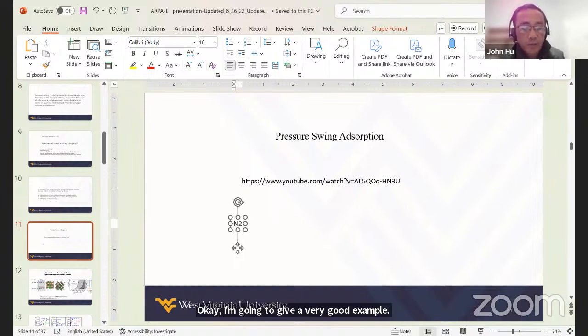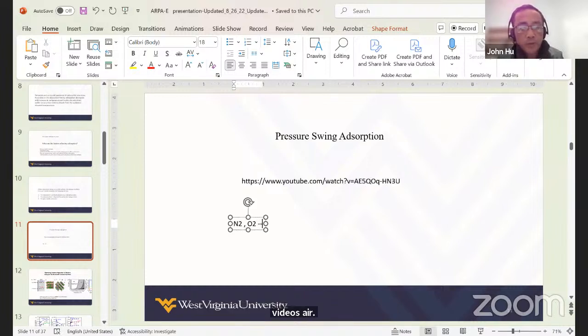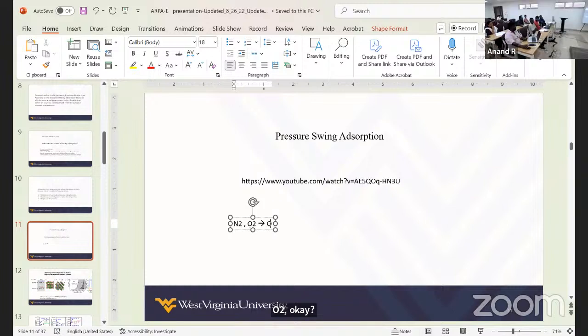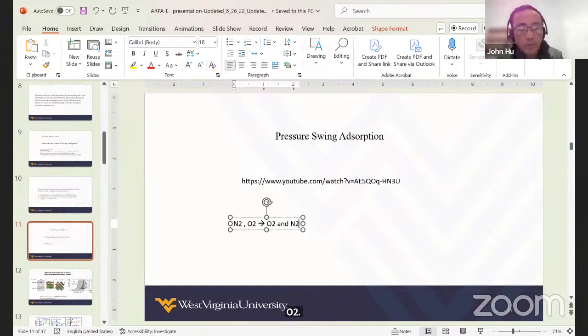Based on the video, the feed is air, and it's separated into O2 and N2.